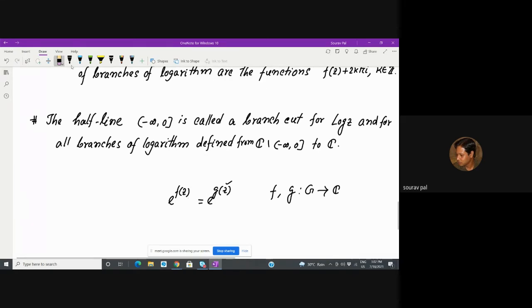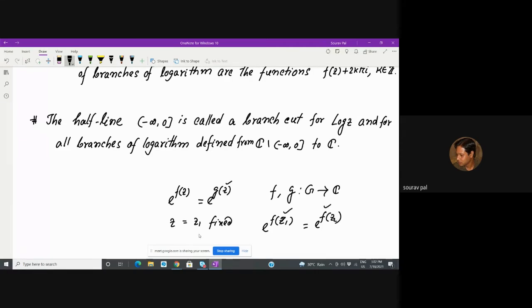For one particular z, if you choose z equal to z1, this is fixed. Then if you write e to the f(z1) is equal to e to the g(z1), then they are merely two points, right?